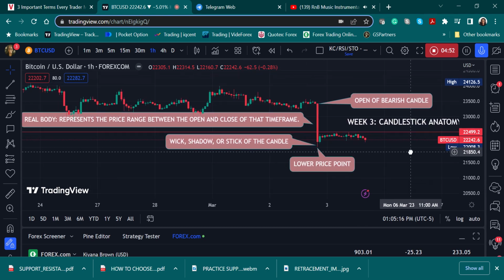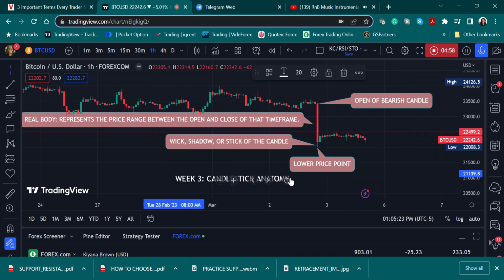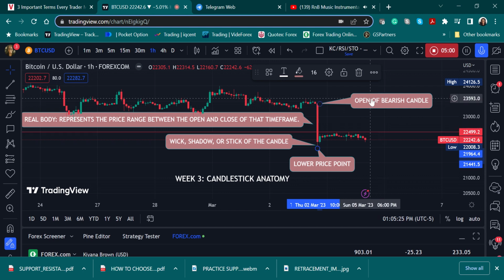So we just talked about the anatomy of a bearish candlestick. We have the opening, and we have the real body that represents the price range between the open and close of a particular time frame.